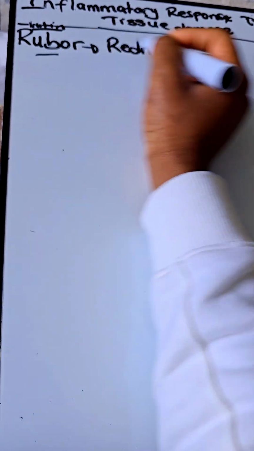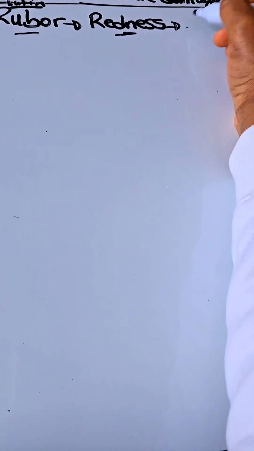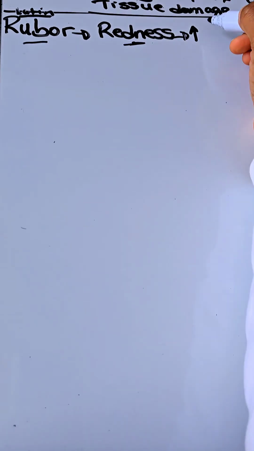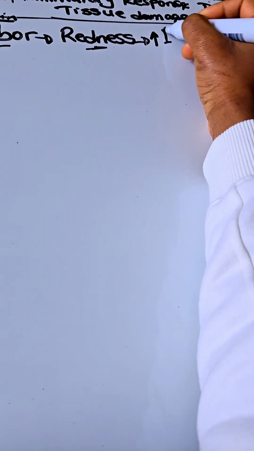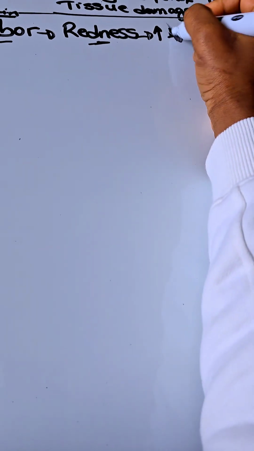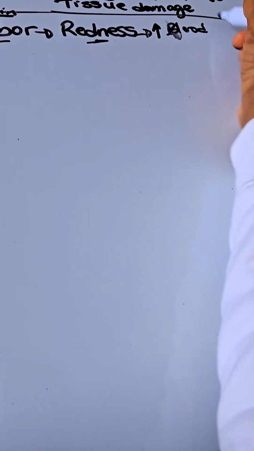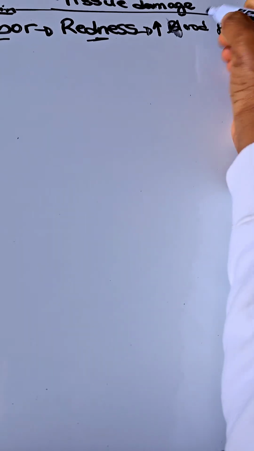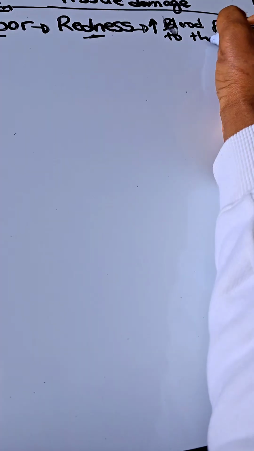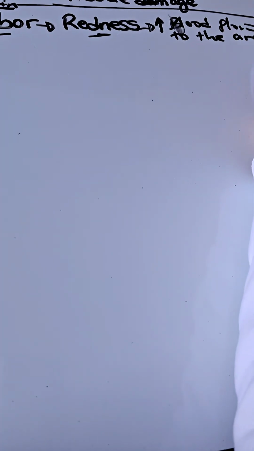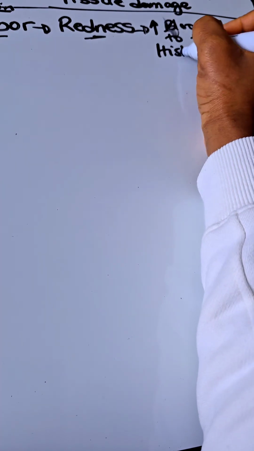So you will see rubor, which means redness. Why does this occur? This will occur due to increased blood flow to the area and histamine.